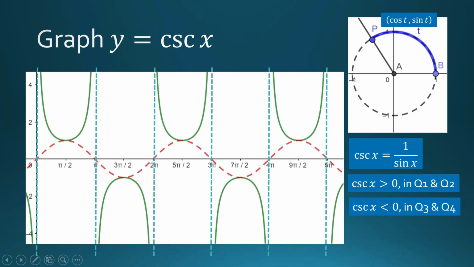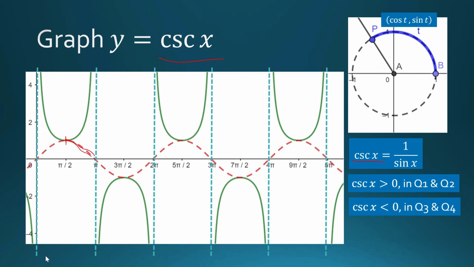Well, guess what? It is the sine function which helped me figure out why that is so. So look at this. Cosecant of x is the reciprocal of sine of x. So let's say, for example, x is pi over 2. Sine of pi over 2 is 1, and 1 over 1 is 1. So that is a part of the graph of your function cosecant of x. Now look at this. From pi over 2 to pi, your sine function is decreasing.